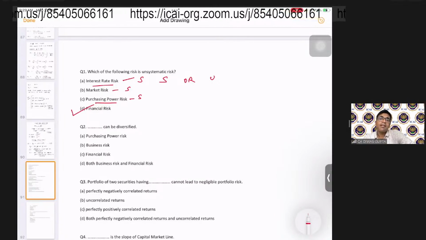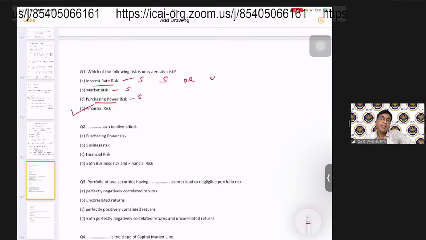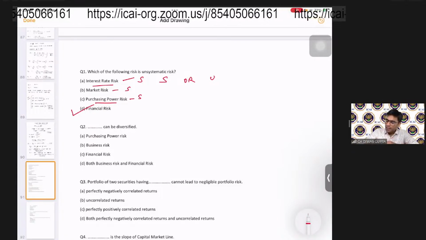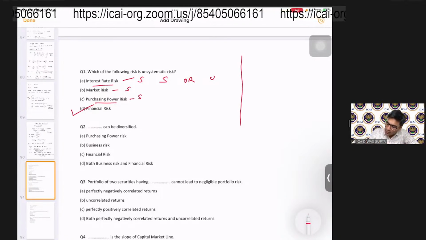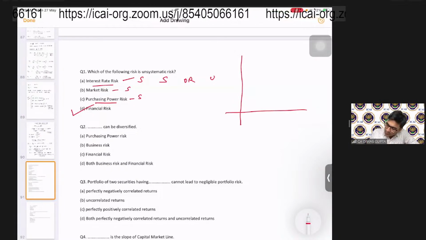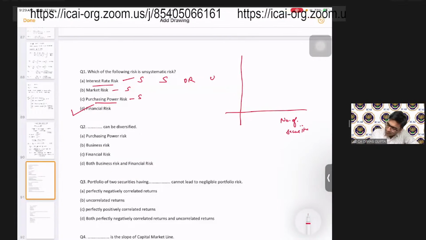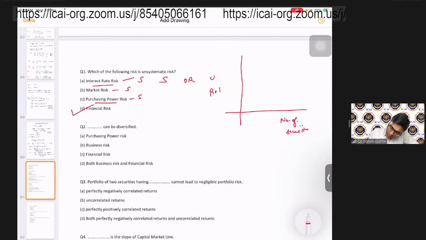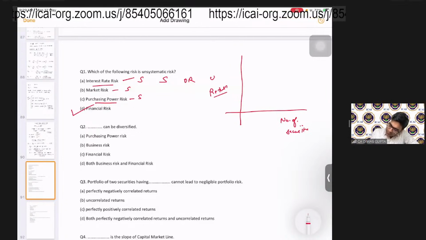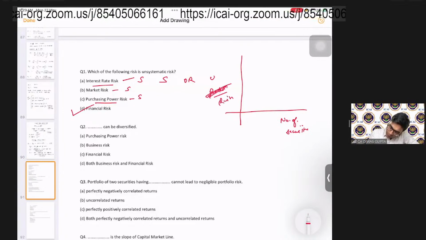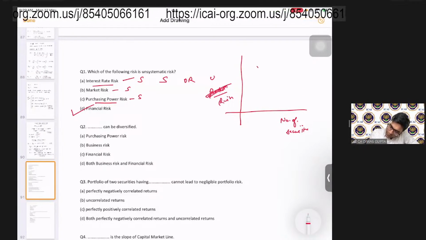Okay, tell me one thing. From that previous chart that I had shown, if you increase the number of securities, and let's say this is the risk, then the chart looks like this.